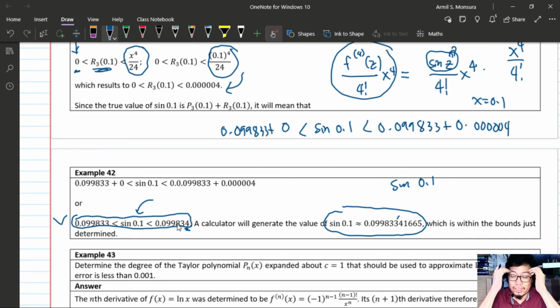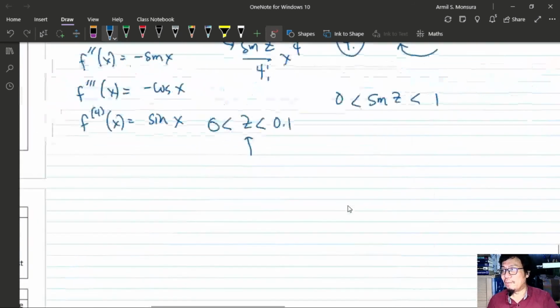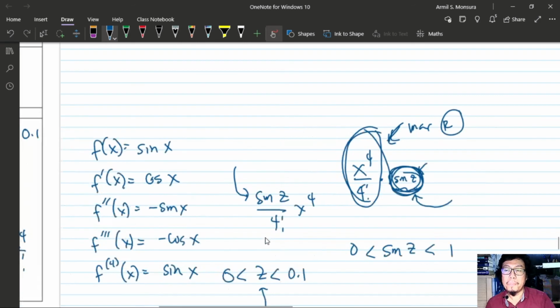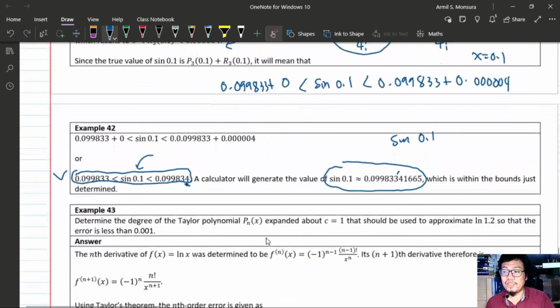So our estimate is actually correct. This is what I was pointing out earlier: it would be really absurd for us to compute sine of z here, because that's the one thing that we were trying to estimate. That is why it is really practical for us to use just this as the upper bound for your error.